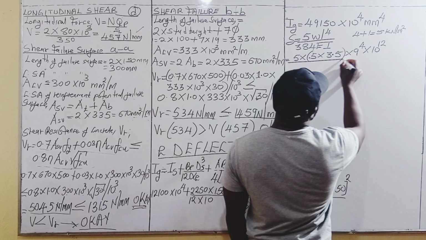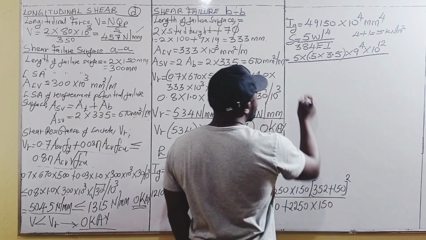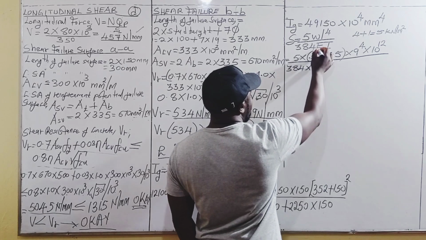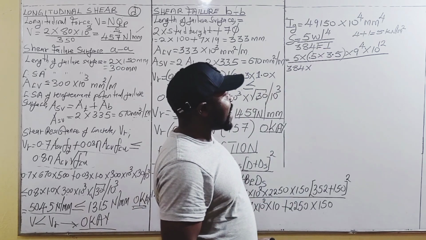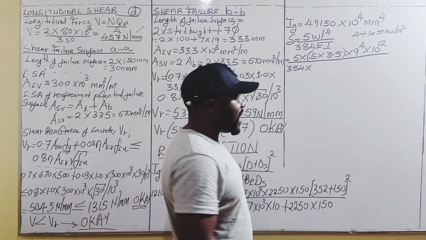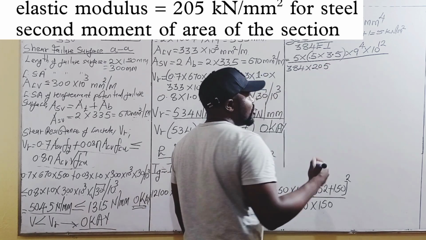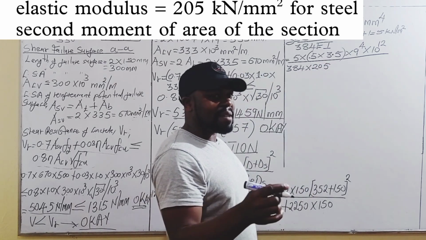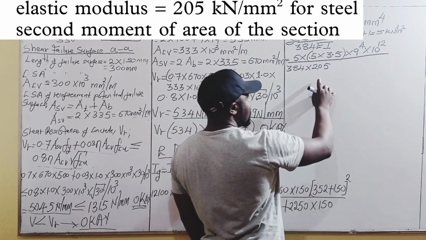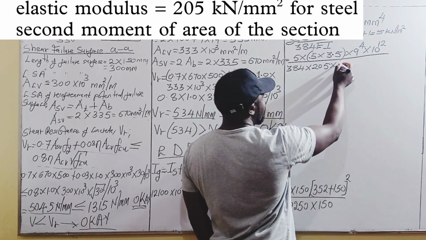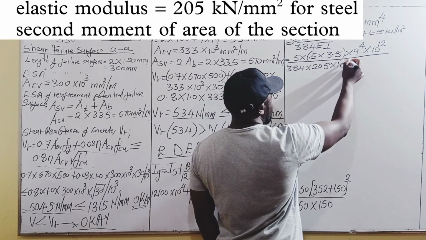Then we divide this by 384 multiplied by the Young's modulus of elasticity of steel, which is usually 205 kilonewtons per square millimeter. So we are going to convert this 205 kilonewtons to newtons per square millimeter by multiplying it by 1,000.